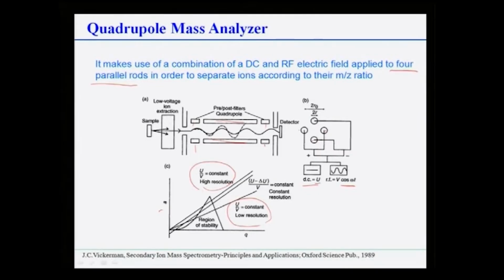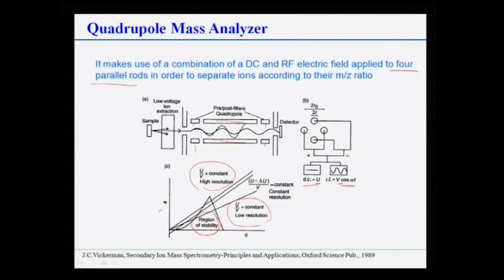This is U minus delta U by V constant, constant resolution, and this is the region of stability. So that means we can change U and V in such a way, U is basically DC voltage and V is the RF voltage magnitude. So by playing around these two, we can actually get into this region of stability, and that is the region one which you need to work.